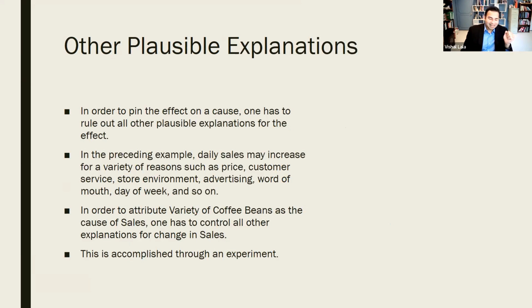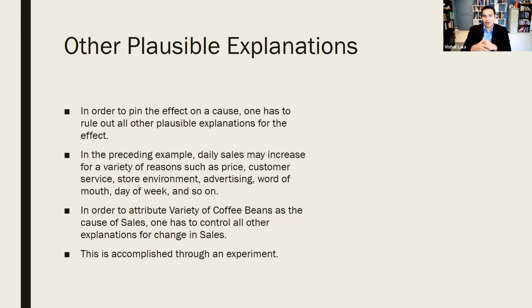Now, that being said, there are typically so many different things that might move the needle. For instance, take the sales of this fictitious coffee shop. Many different things might drive daily sales at this coffee shop, other than the variable of interest. So while we're focusing here on coffee bean variety, it may easily be possible that sales are going up or down because of the weather.